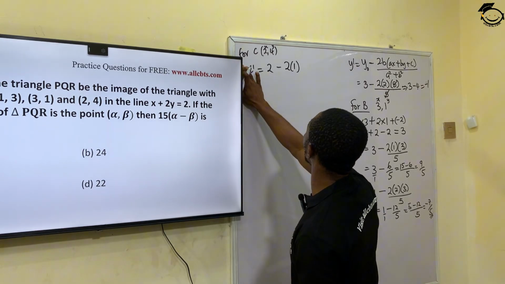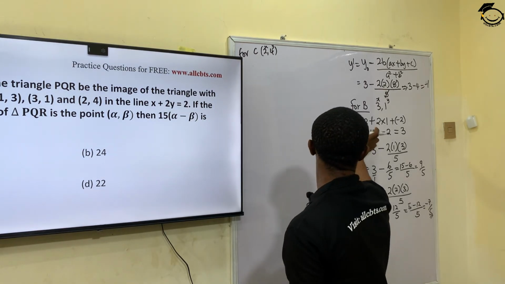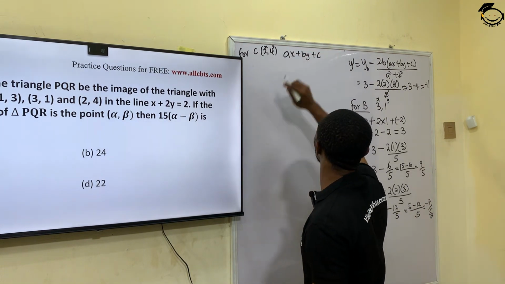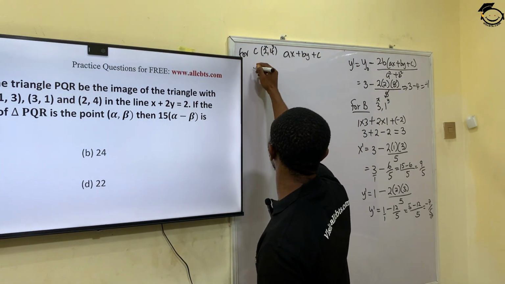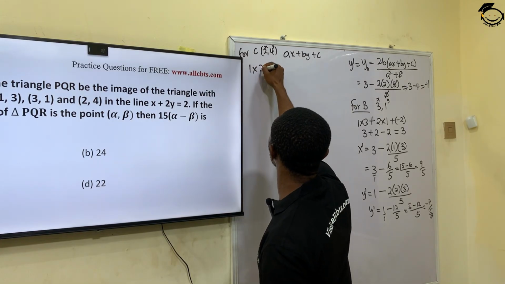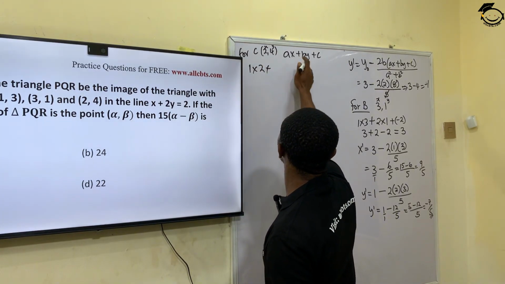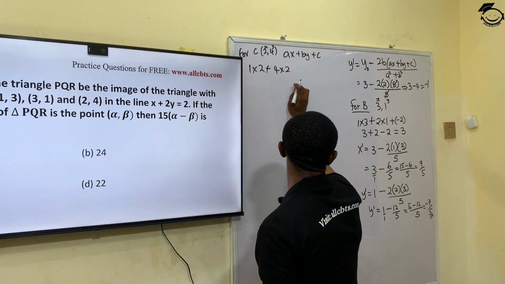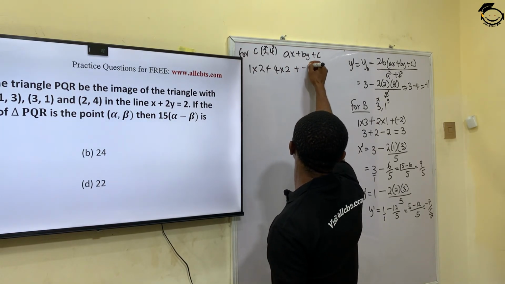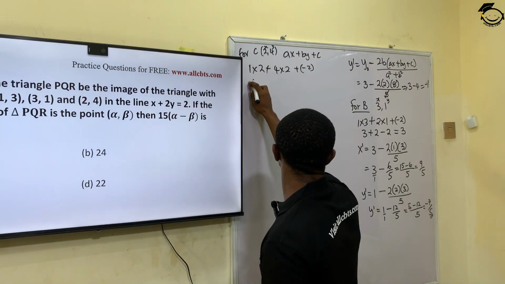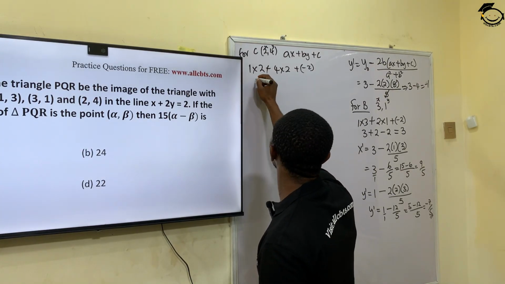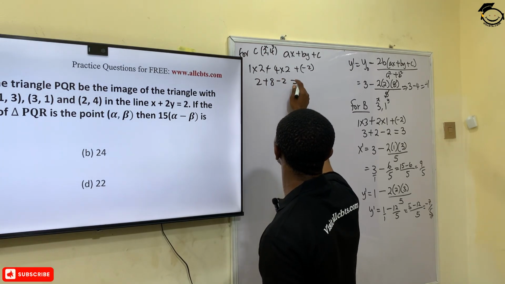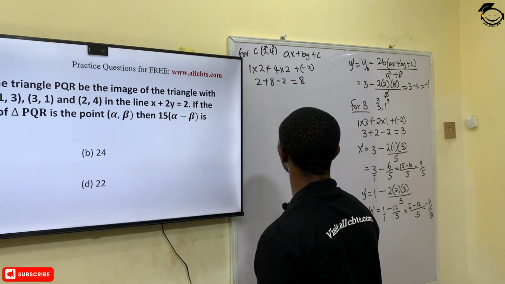Okay, before we go to x bar, we have to calculate ax plus by plus c. So this becomes a is 1 times 2 plus 4 times 2 plus minus 2. So this gives us 2 plus 8 minus 2, which gives us 8.